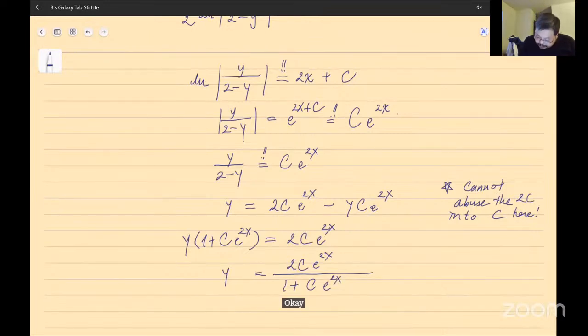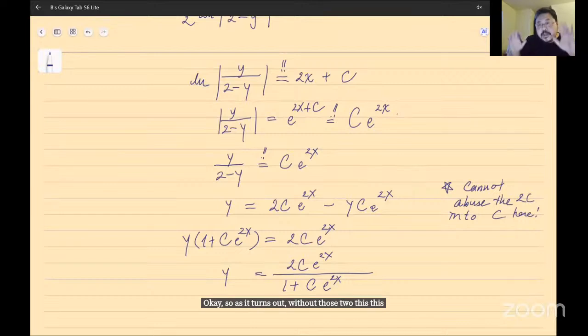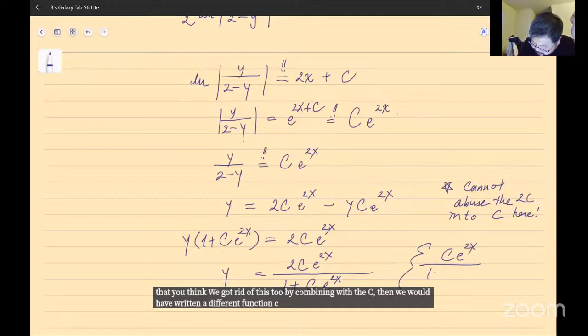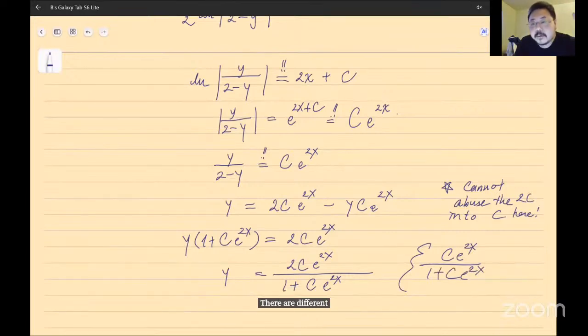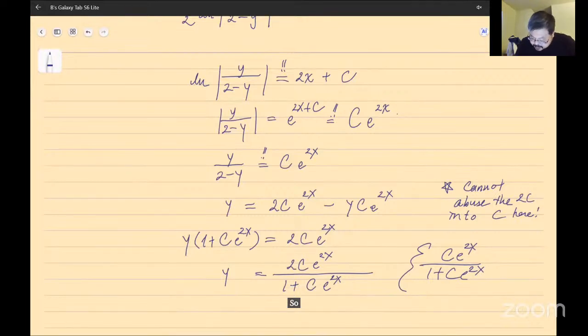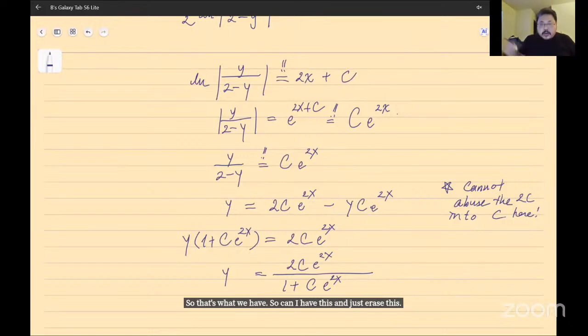Had we gotten rid of this 2 by combining it with the c, we would have written a different function, c e to the 2x over 1 plus c e to the 2x. They are different functions. One is double the other, and that's not quite the same thing. So let me erase this. There we go. This is our family of solutions.